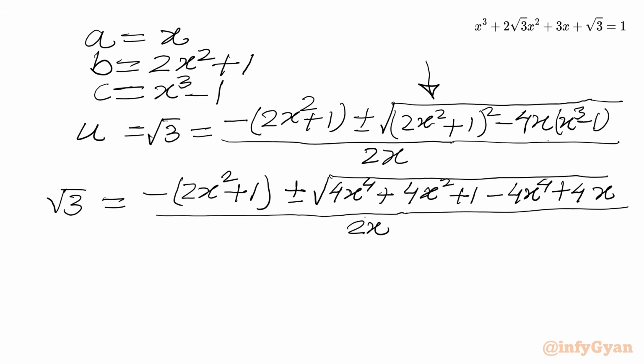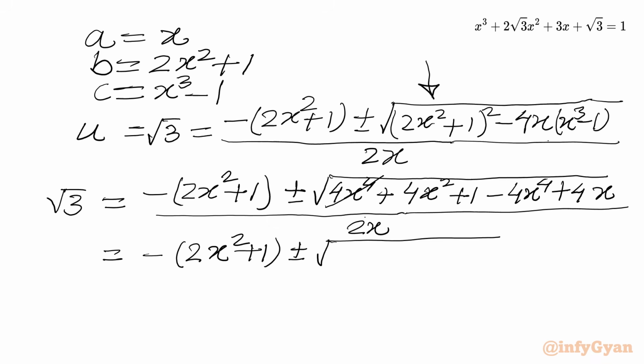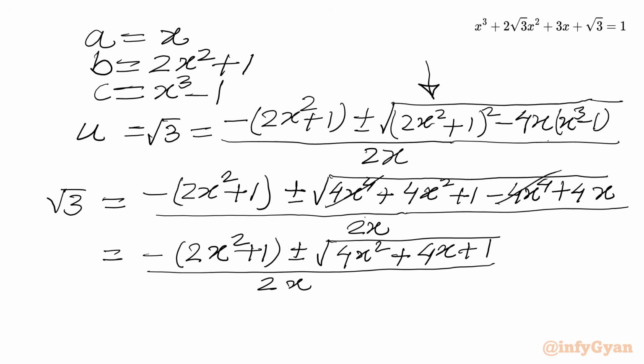We will write here 2x, which will be equal to minus of 2x square plus 1 plus minus square root of. We will cancel 4x power 4 with minus 4 times x power 4. So there would be 4x square plus 4x plus 1 over 2 times x. Now 4x square plus 4x plus 1 is 2x plus 1 whole square.